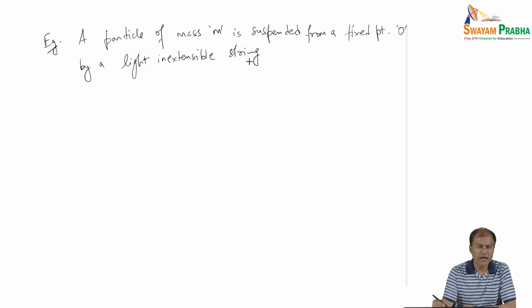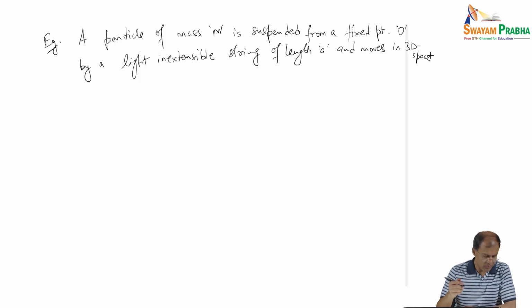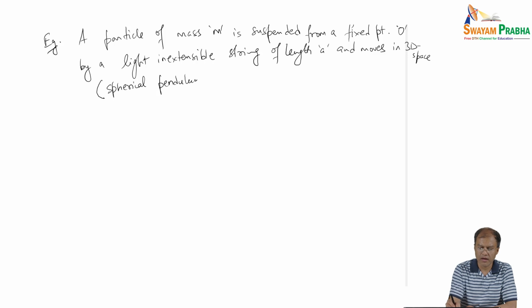Okay, and the string is of length a, and it moves in 3D space. So we are talking about a pendulum moving along a spherical surface. So this is a spherical pendulum, which means that we now have 2 degrees of freedom rather than 1.